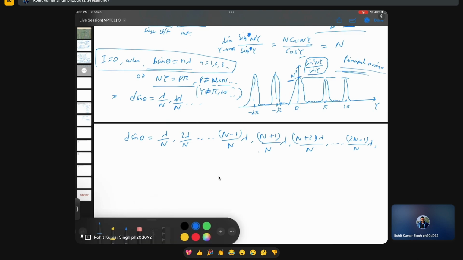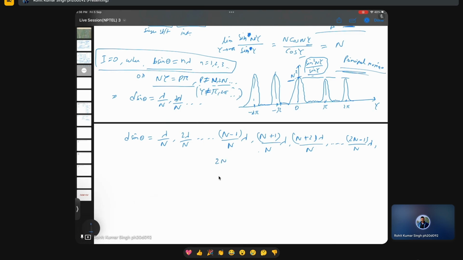So this we will not have. The next one will be 2n plus 1 by n lambda, and this list goes on. So you can see there are n minus 1 minima between two principal maxima.